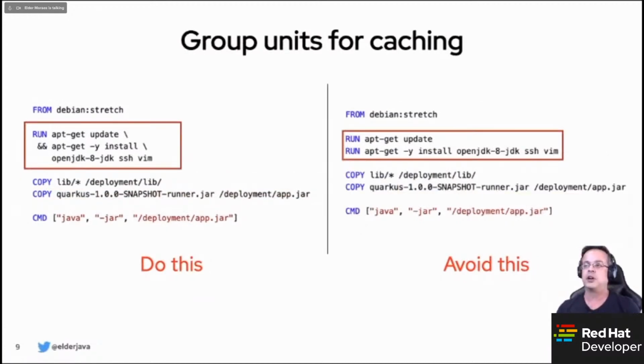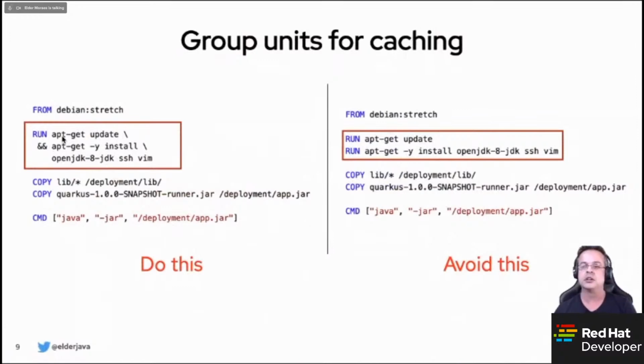Another thing for caching is to group units. So for example, here we are running apt-get update and apt-get install separately. Instead of doing this, you should group these commands, because I will create one unit of command here, and this will have one cache. And as we said before, this doesn't change as often as your application. So if you put this in just one cache, you will save space.